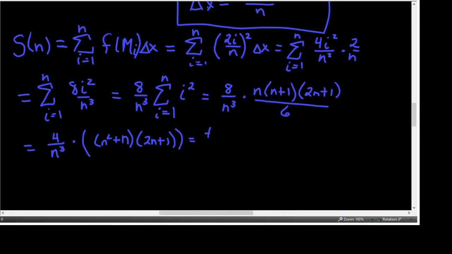So that's 4 over n cubed times 2n cubed plus 3n squared plus n. And then when I distribute the 4 over n cubed, that's 8.